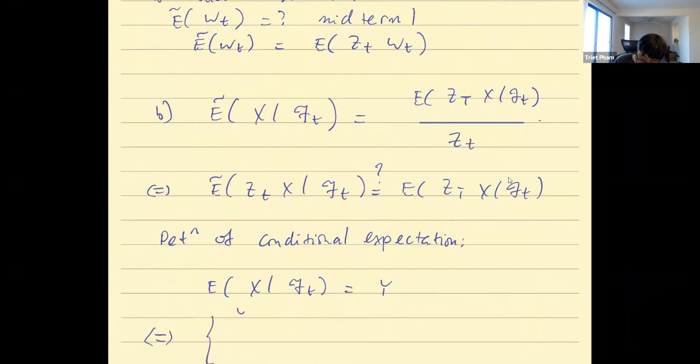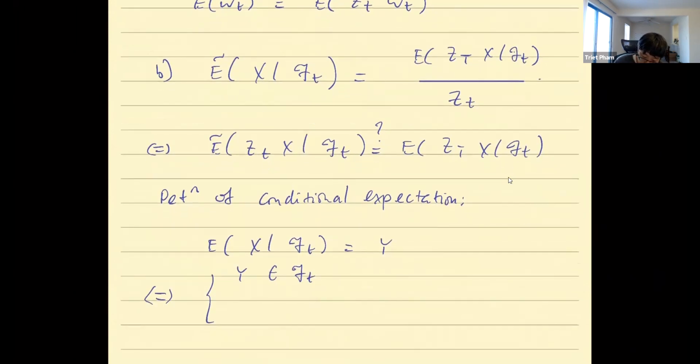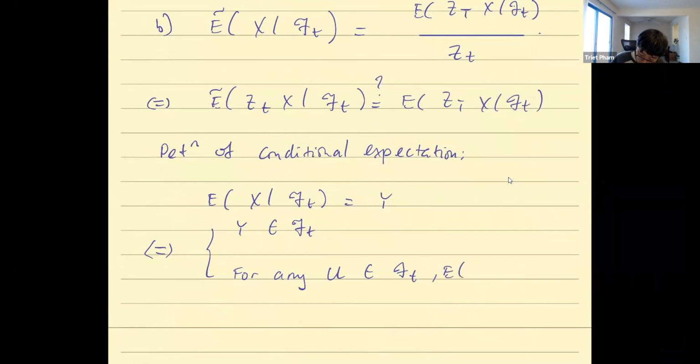So two things. That Y must be in FT itself. That means that we know Y by observing the information up to time T. But more importantly, for any other random variable, let's say U in FT, the expectation of X times U is the expectation of Y times U. These two things together guarantee that conditional expectation of X given FT is Y. Okay, so that allows that to happen.